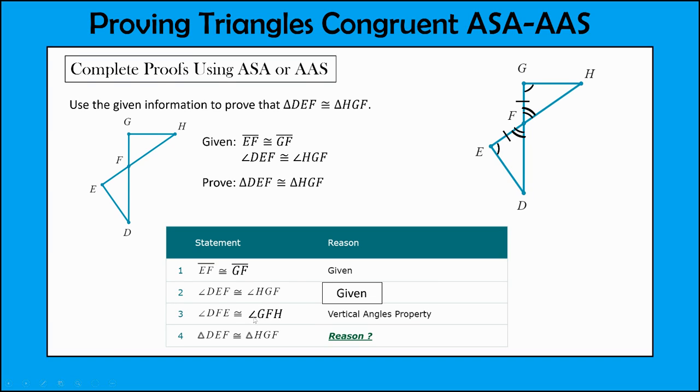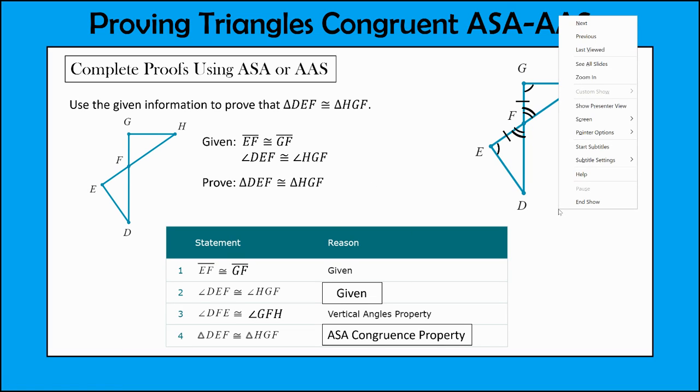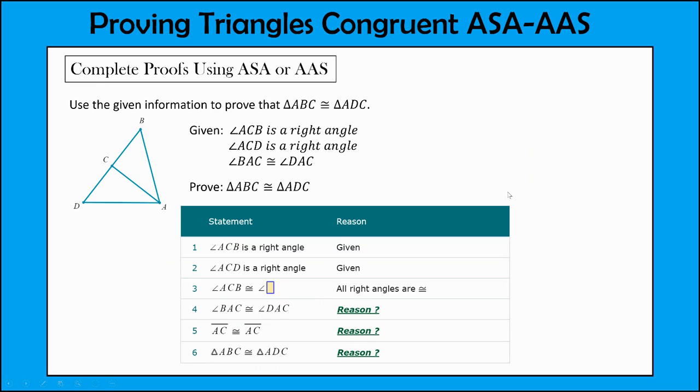Now I could have written HFG, that'd be the same thing. And then finally, the two triangles are congruent because of the angle side angle congruence property that we just discovered. Okay, so make the picture, see what you have, see what else you can conclude, and that should lead you to the answer. Okay, another one like that.